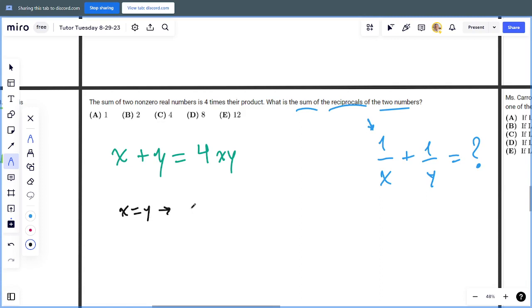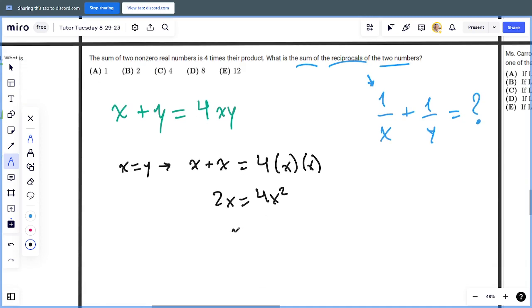That would simplify things to x plus x equals 4x times x, or 2x is equal to 4x squared. Divide by x. Let me take it a little bit slower. 1 is equal to 2x, so x is equal to 1/2.